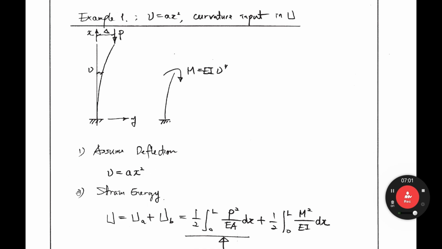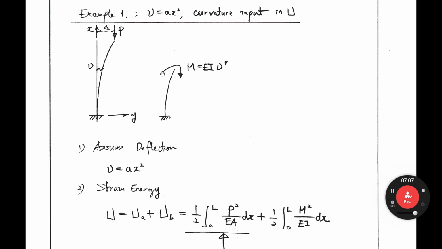You have to calculate the strain energy. If you apply the axial force P, you have two strain energies. One is strain energy due to axial shortening. When you apply load P here, you have axial shortening like that. As P increases, this cantilever column becomes a little bit shorter.